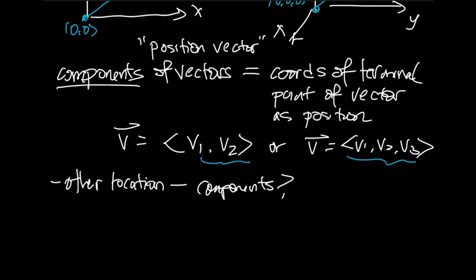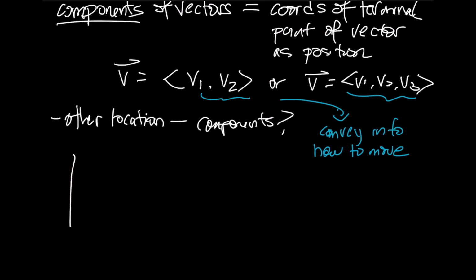These numbers here are essentially there to convey information about how to move, right? How do I go from the initial point to the final point? Those numbers should tell you the same bits of information regardless of where you start. So there's a simple fix.